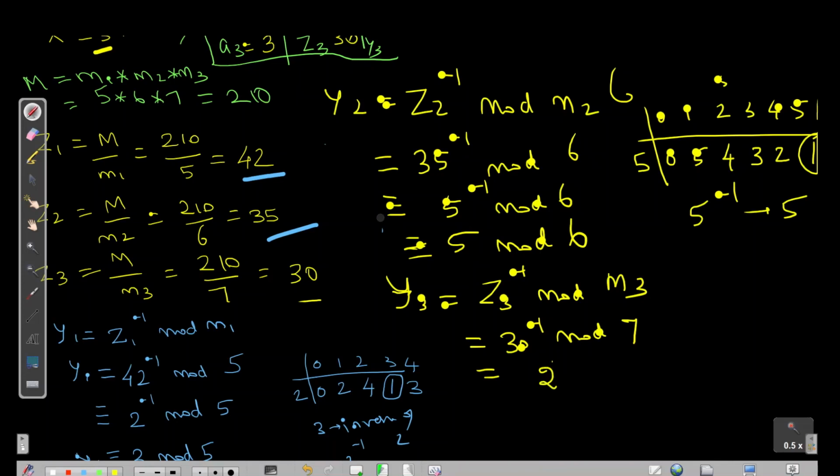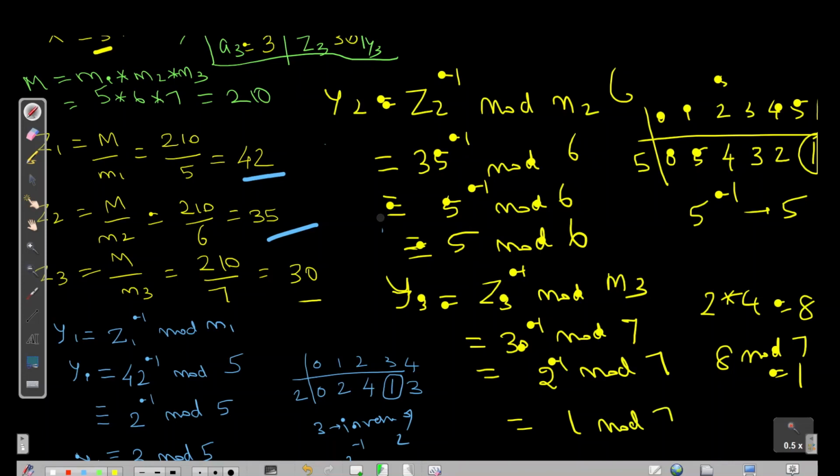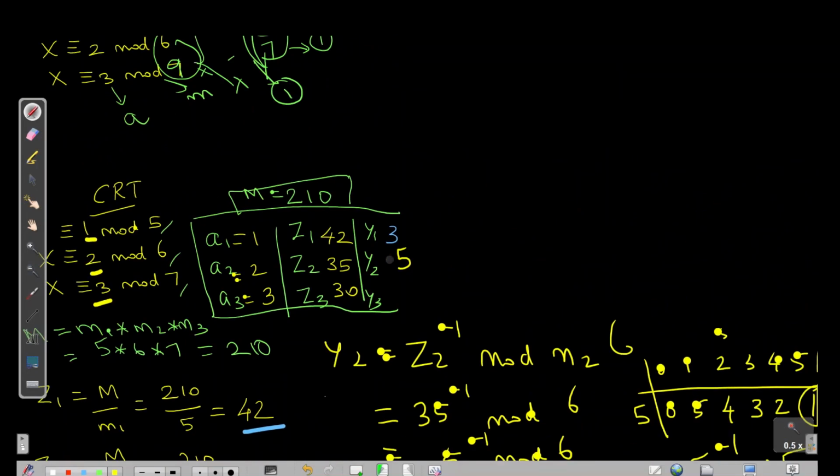So the remainder is 2, which gives 2 inverse mod 7. Under mod 7, 2 fours are 8, and 8 mod 7 is 1. So the inverse of 2 is 4 here. So now I'm filling the table with 4.